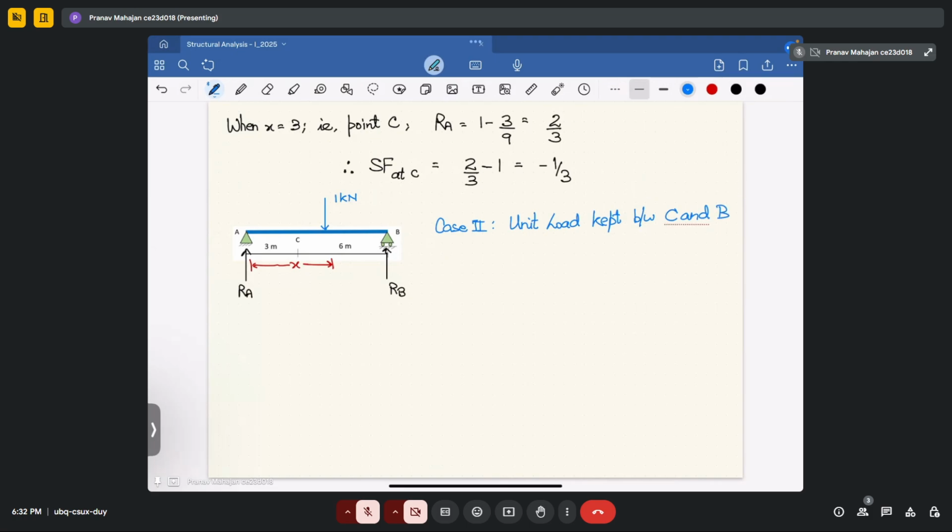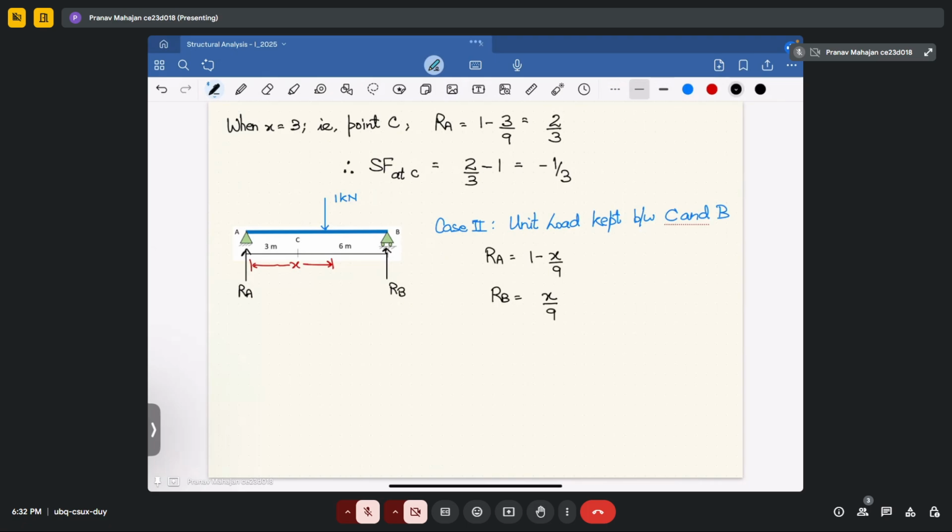Now if unit load is kept between C and B, what will be the reactions? It will be same as earlier. RA will be equal to 1 minus H by 9, RB equal to H upon 9.